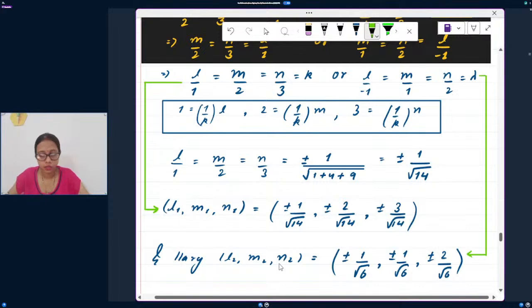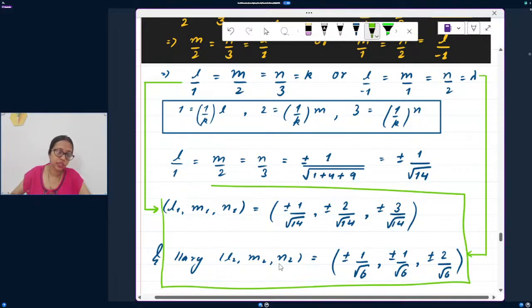Now, these are the answers. Question is done. Why do we have two choices of l1, m1, n1 and direction cosines?